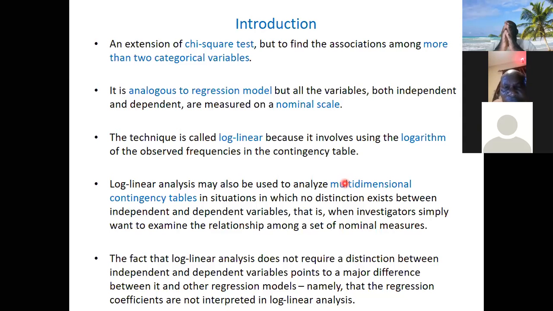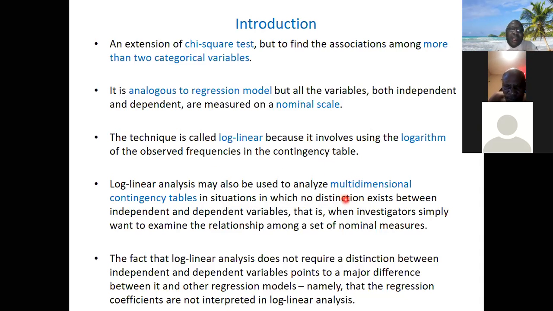If you have three categorical, four categorical variables, and you want to look at the association at the same time, it's log linear analysis. That is why it's somehow related to regression, and why even logistic regression is a form of log linear analysis. Poisson regression also has a special type that is referred to as log linear analysis.